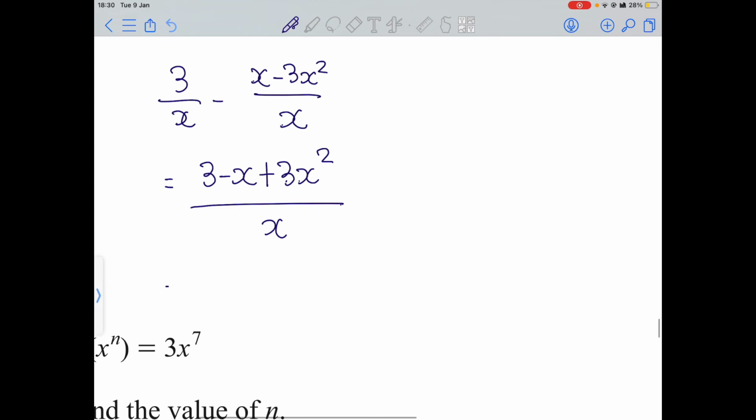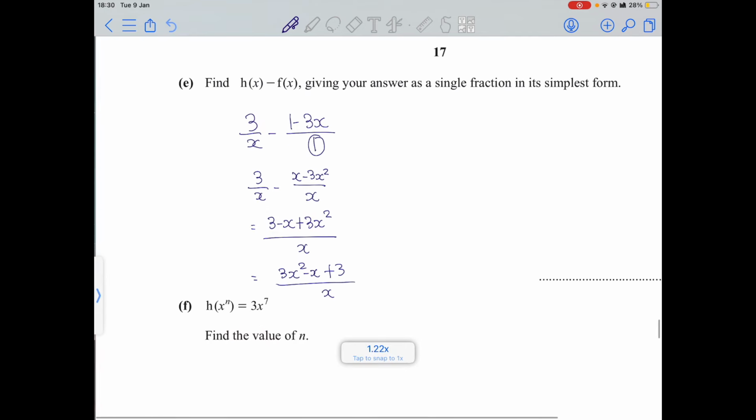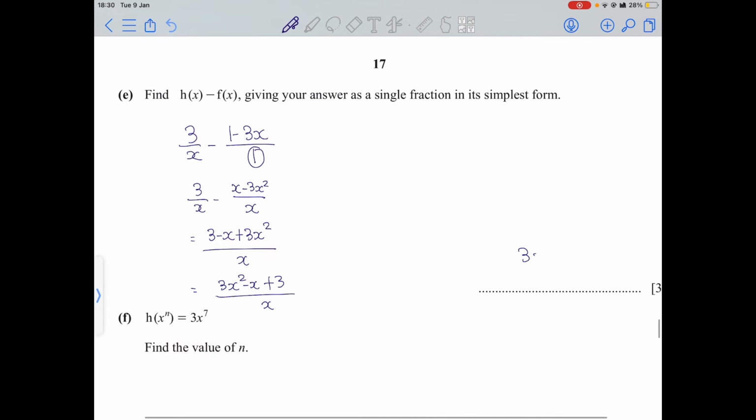If you want to write it in the proper form, 3x squared minus x plus 3, divided by x.